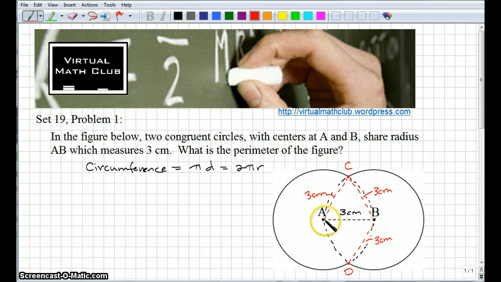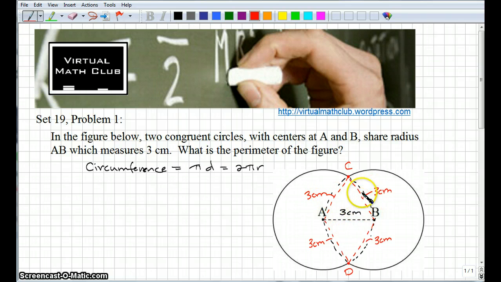And I could draw a radius here from A to D, and that would also be 3 centimeters. So look what we've got here. We have a triangle with sides that are all 3 centimeters.